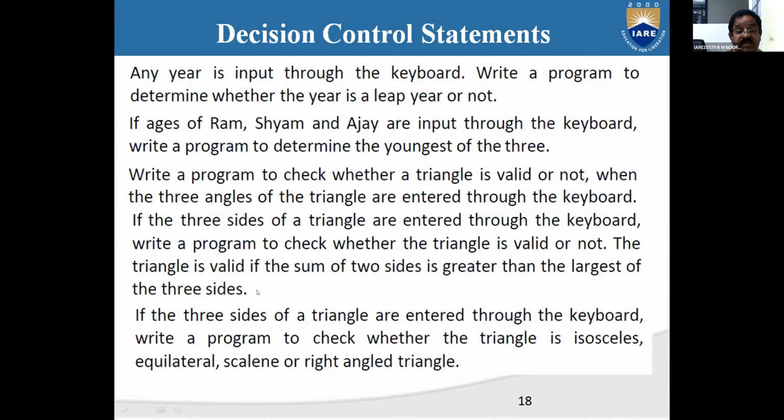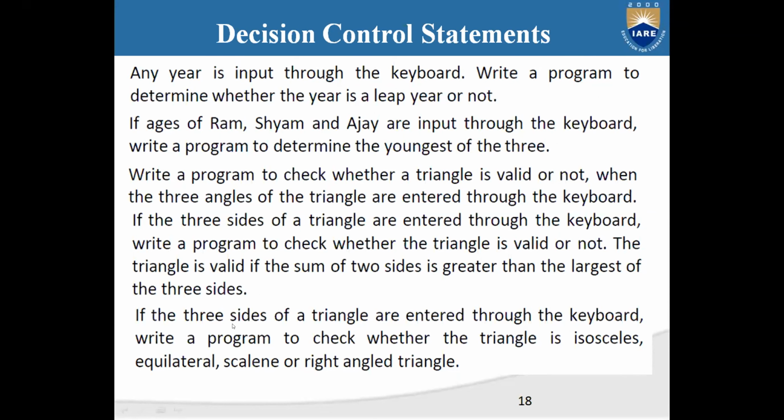So if A plus B is greater than C, or A plus C is greater than B, or B plus C is greater than A, then the entire triangle is valid. If not, it is invalid. Here also you are going to use which conditional statement? If else.